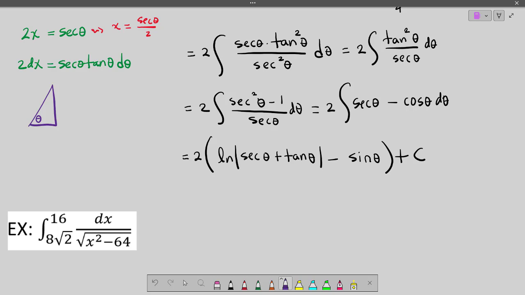Secant is hypotenuse over adjacent. So we want hypotenuse over adjacent to be 2x. That's the simplest way. That allows us to find our missing side over here. That is going to be the square root of 4x squared minus 1.